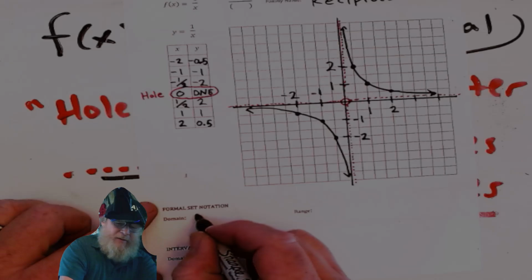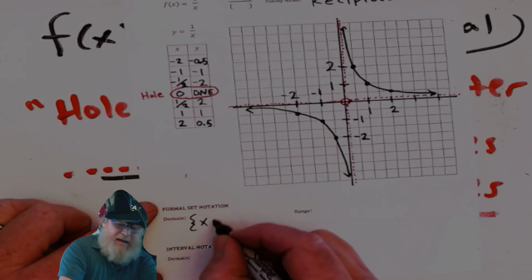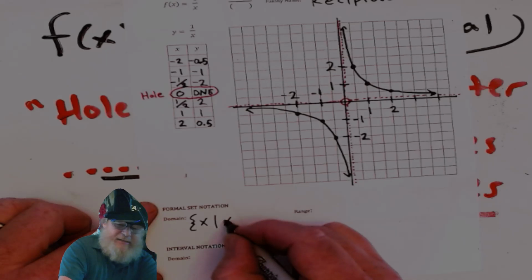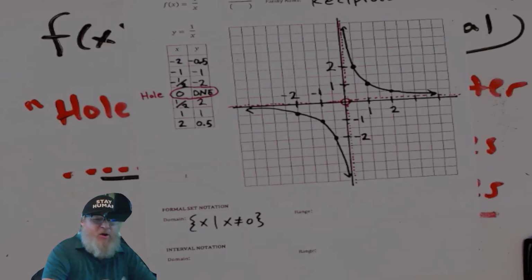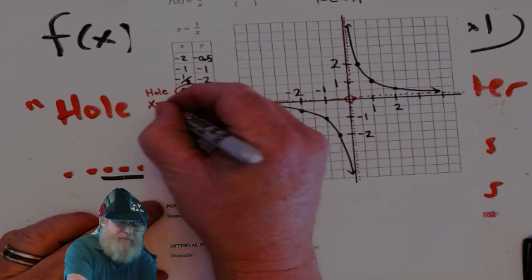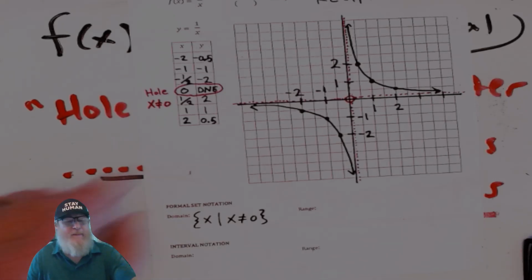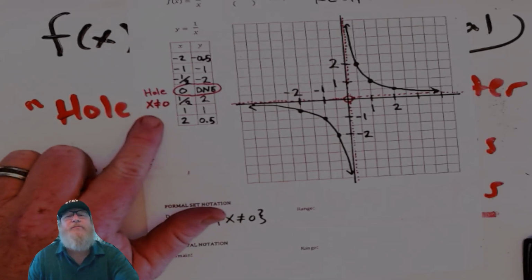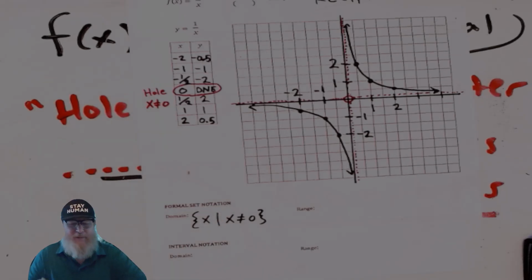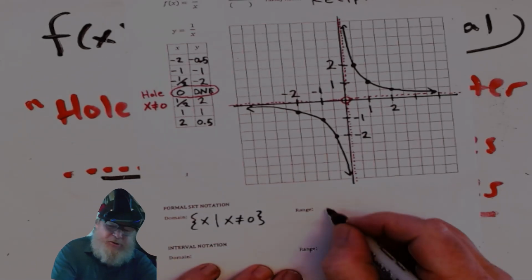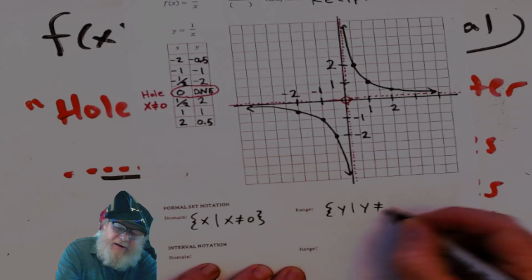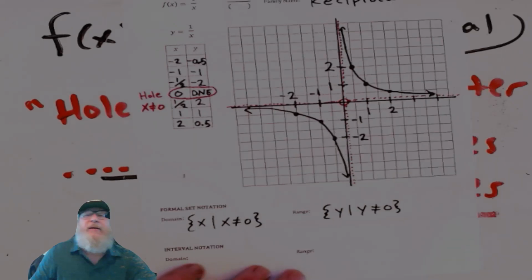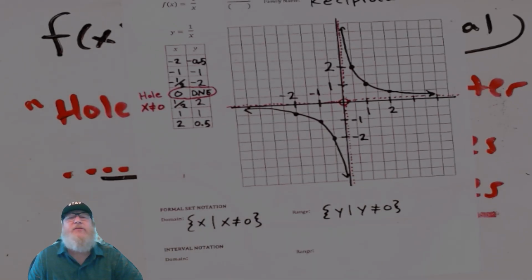So the domain is the set of all x such that x is not equal to 0. I like to actually note that right here: x is not equal to 0. And then for the range, it's the same as the domain, but you have to switch the variables to y. The set of all y such that y is not equal to 0.